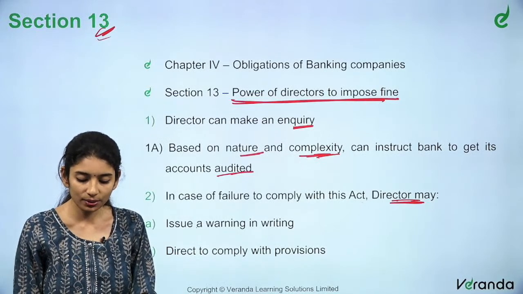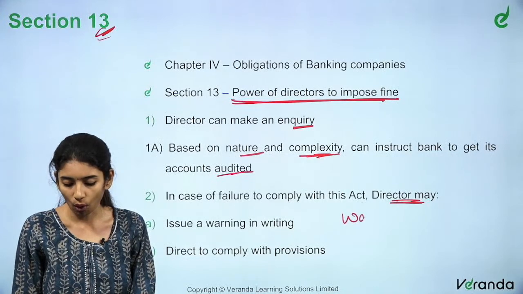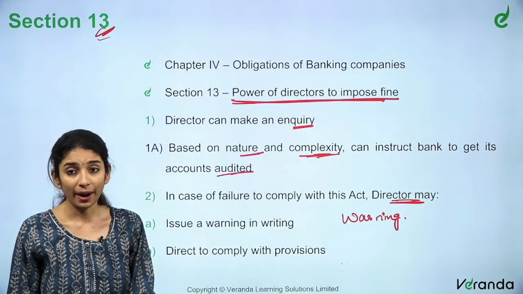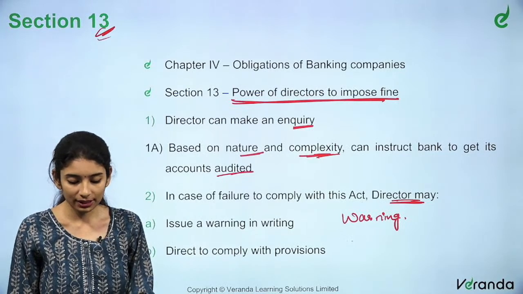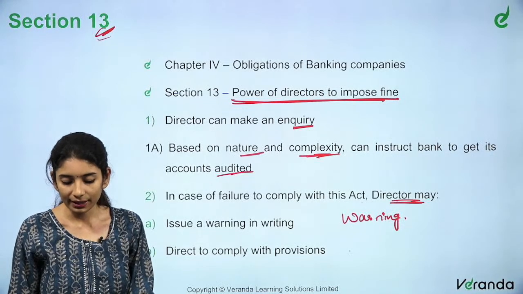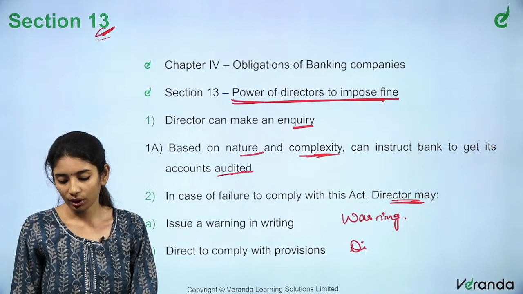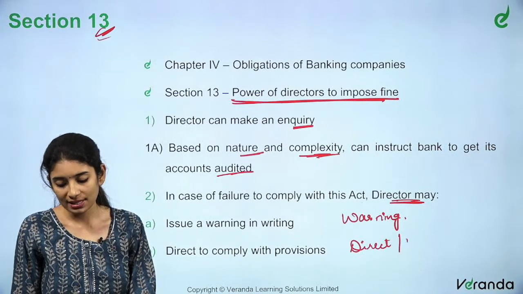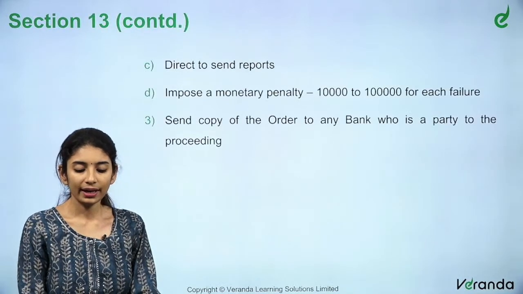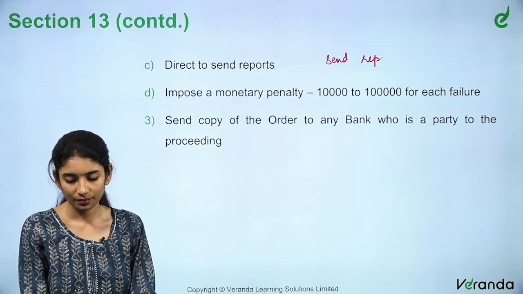What the director can do is issue a warning in writing. So point number 1, give a warning. You better do it, otherwise the consequences are going to be not favorable. Direct to comply with the provisions. Issue a warning, direct them or ask them to comply with the provisions. Direct to send reports, ask them to send reports.